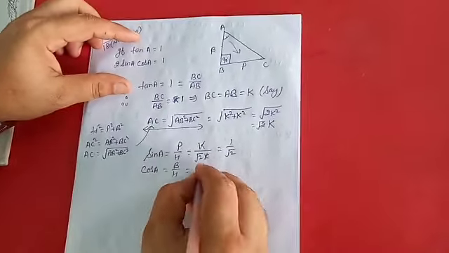Why? From this. So OQ is equal to 1 plus PQ, and that square is equal to OP square plus PQ square.